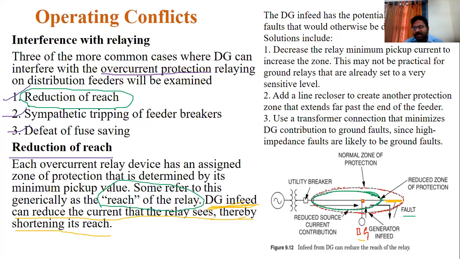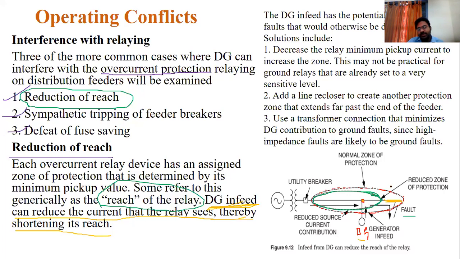Suppose 80 amperes, the 20 amperes range is left remaining. So in this area, if there is any fault, you may damage the system. Okay, you can see this point carefully. So the DG infeed has the potential to mask many faults that would otherwise be detected.